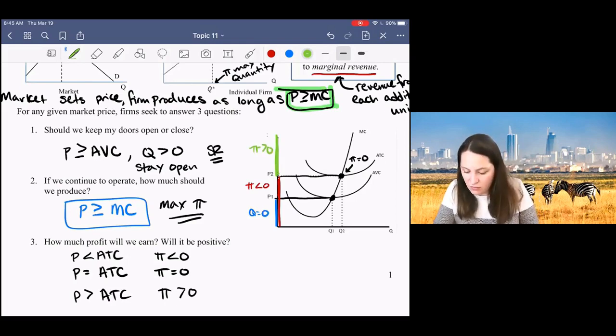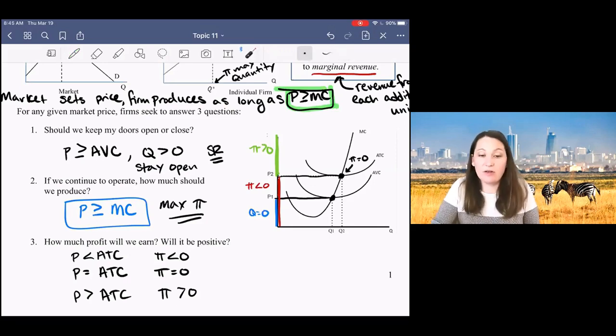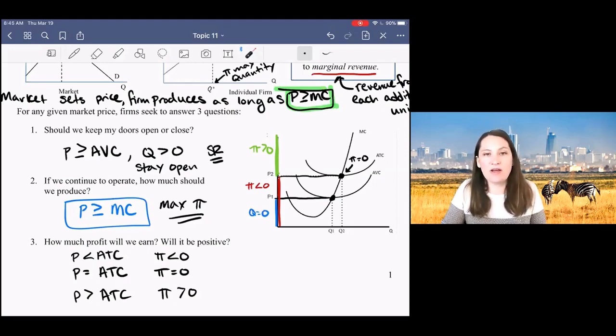I just want to point out one particular region on the graph here that can be confusing. This region here between P1 and P2, in that region, the firm is earning negative profits but continues to operate. You may continue to operate in the short run even though you're losing money because your price is greater than average variable cost in this region.